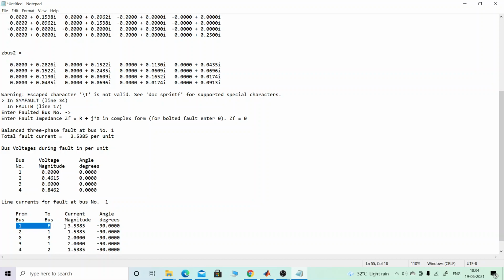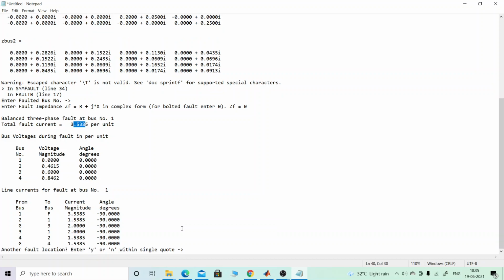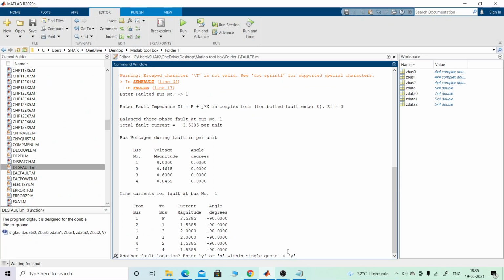These are the values. And if I want to continue for the other buses also, I am able to continue. So I enter within the quotes Y to continue the sequence. Enter the bus number, for example bus number 2. For ZF I go for a small value such as 0.5 instead of 0.